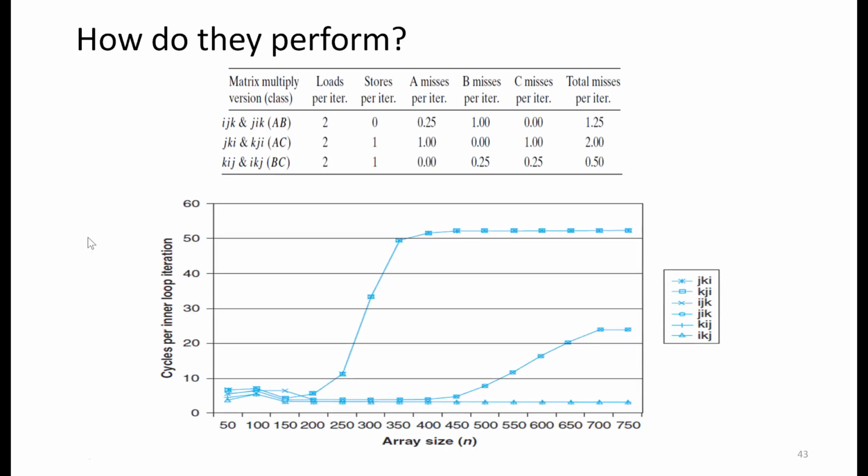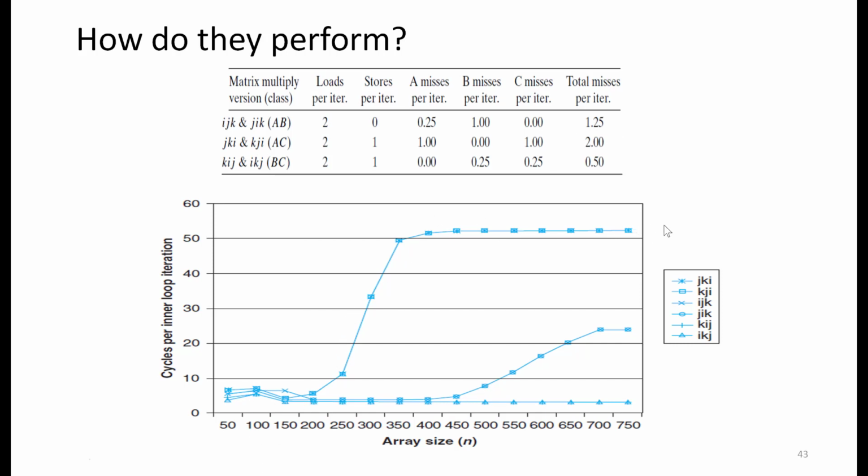So when run on the real system, if you look at the increase in the matrix size from 50 to 750 on the x-axis, on the y-axis it is the number of cycles that were required for each inner loop iteration. From the previous table itself, we could estimate that JKI and KJI would behave worst, and that's what shows here.